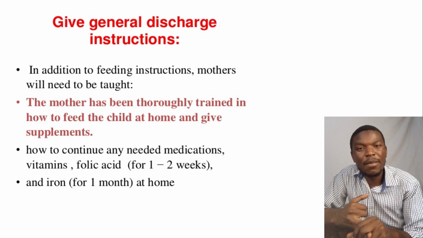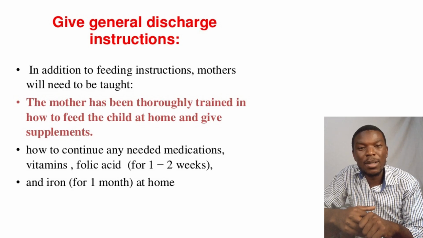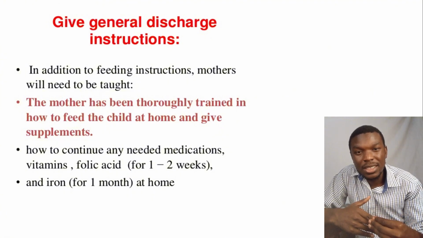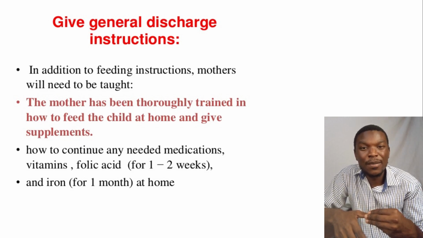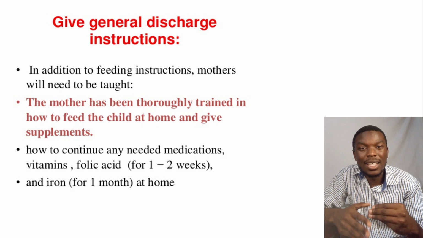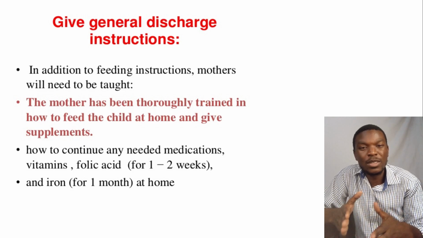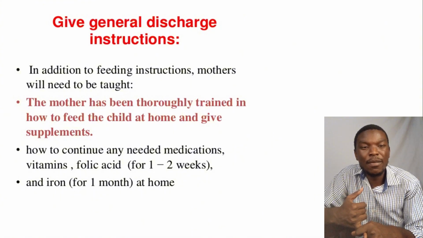You explain if the child has any signs of infections, what the mother should do so that the mother can quickly come back to the clinic. You explain the nutrition, you explain the condition that the child had and what you have done for the child, and then you make sure that you educate the parents on the medication that you give them as you're discharging them. So you can give them iron to give for 1 month at home.